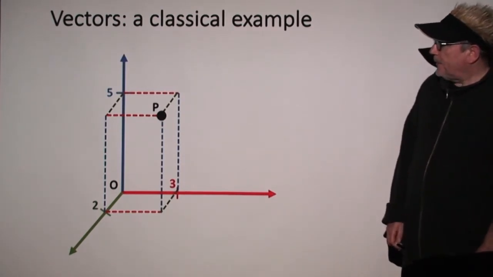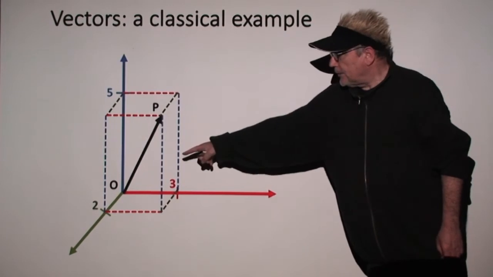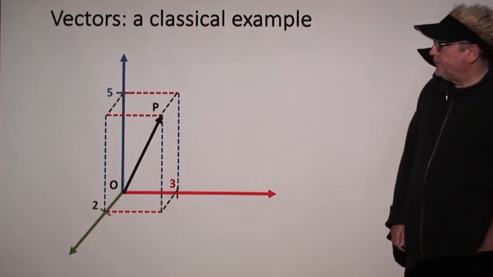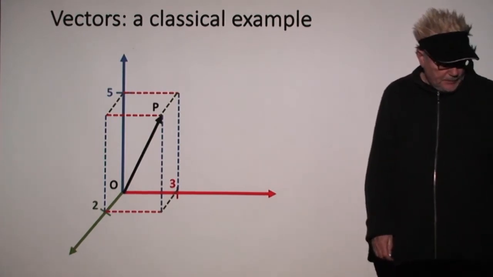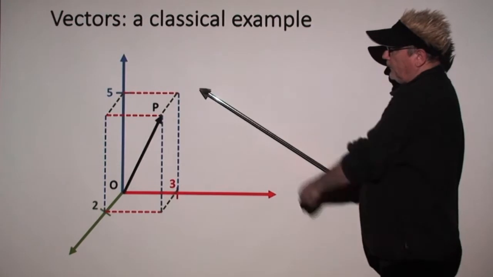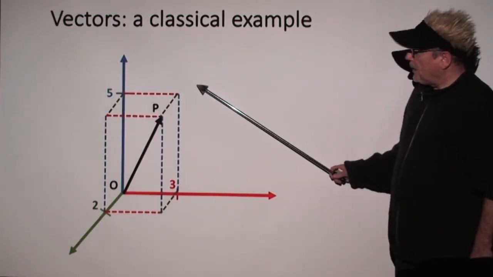Another way to do that is to use an arrow between 0, the origin, or call it O, and the point P here. And you get something that goes like this, roughly. This is the equivalent of what we call a vector.